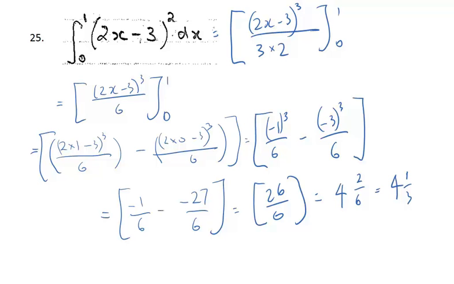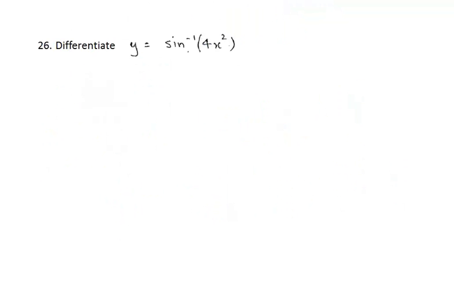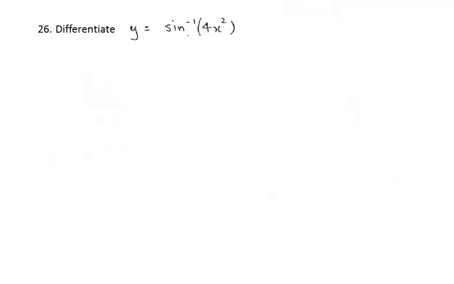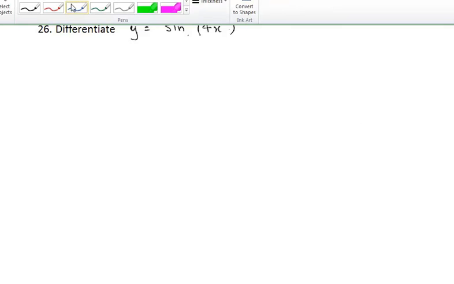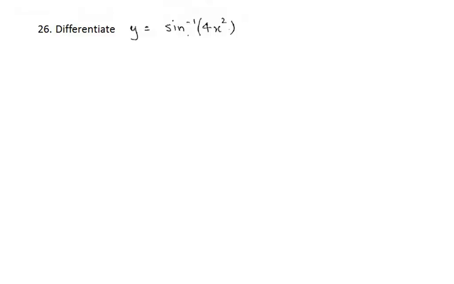And then last for this page, we have question 26. We want to differentiate here, and we've got an inverse sine function. We're going to say this is our u. u is equal to 4x squared, du on dx is equal to 8x.